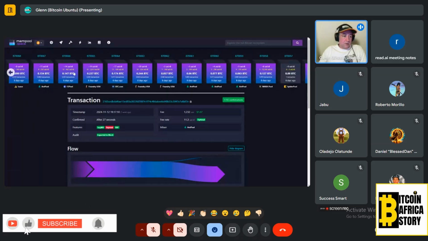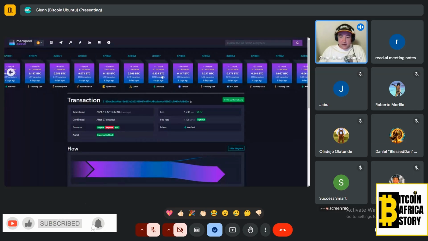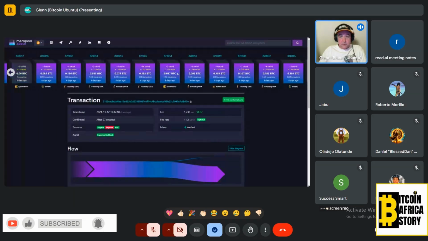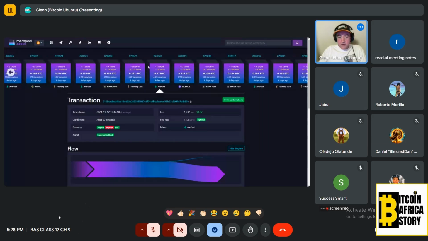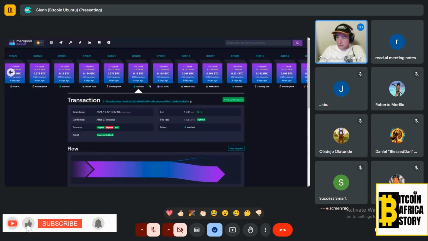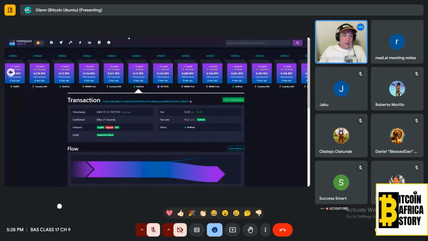Even in this, what is arguably a high fee environment, you can still transact relatively cheaply if you have a low time preference. And hopefully you guys remember that from probably chapter 2 or 3.